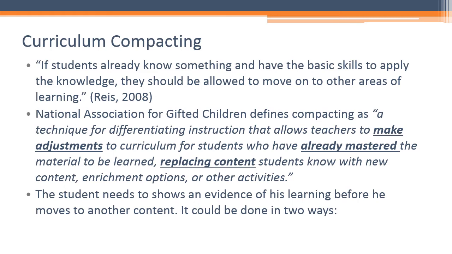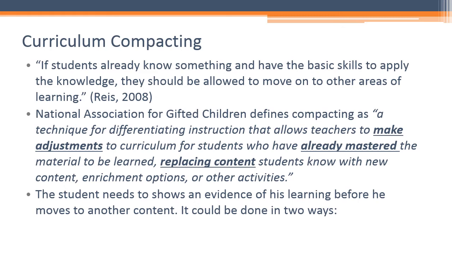So the National Association for Gifted Children defines compacting as a technique for differentiating instruction that allows teachers to make adjustments to curriculum for students who have already mastered the material to be learned, replacing content. Okay, so it's emphasized replacing content students know with new content, enrichment options, or activities.